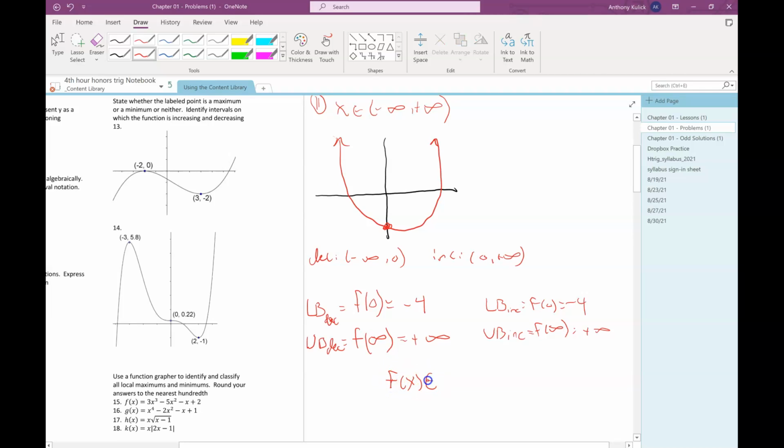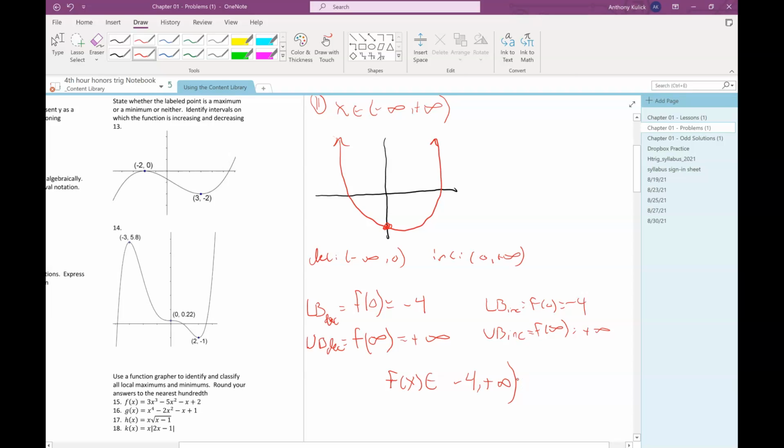And so if I look at my lower bounds, they're both the same. So no issue there. And the upper bounds are both the same. If they were different, you take the lowest of the lower bound. Or if the upper bounds are different, you take the highest of the upper bounds. And we know the parenthesis always goes on the infinity.